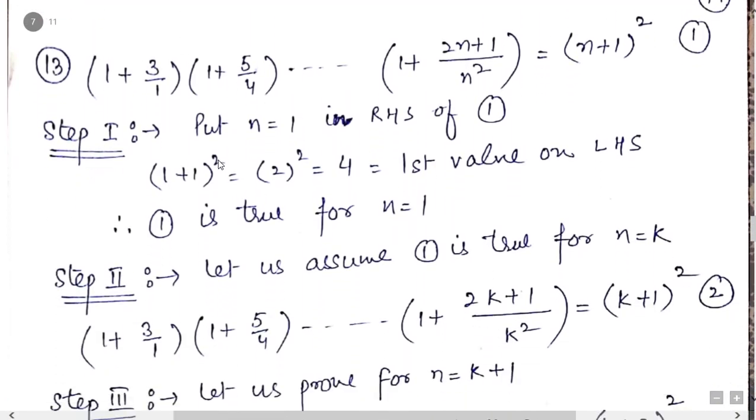Question number 13. In place of addition, multiplication factor is there. Insert n is equal to 1. It's 1 plus 1, 2 whole square, it's 4. Now check the first value, it's also equivalent to 4, 1 plus 3.